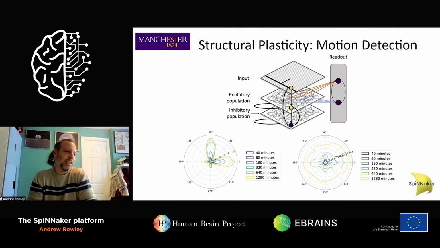So the delays are all static, essentially, on the right diagram. And this shows that it's quite important to have these delays in the network. And of course, in a network dealing with motion, this makes a lot of sense because things are moving through time. So having delays to be able to line things up makes sense. But this shows some power of spiking neural networks where delays could be quite important.